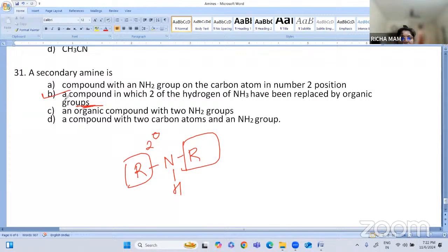So yes, option B. Sri Varuni has answered. So this is the answer.